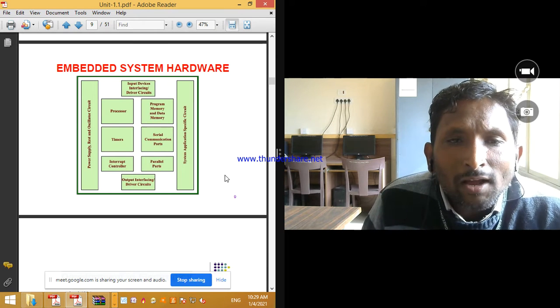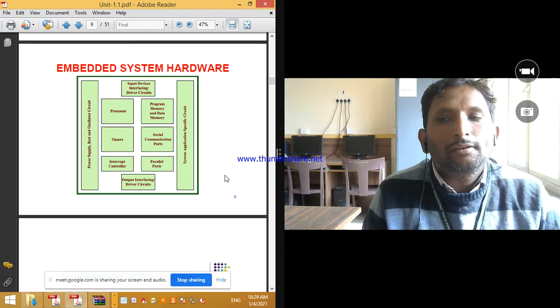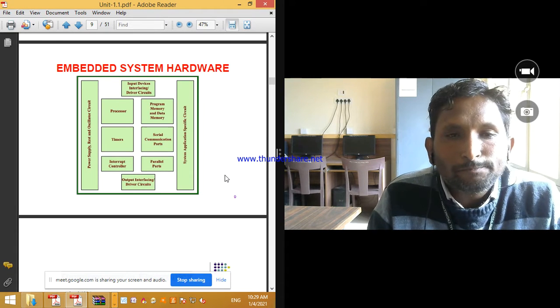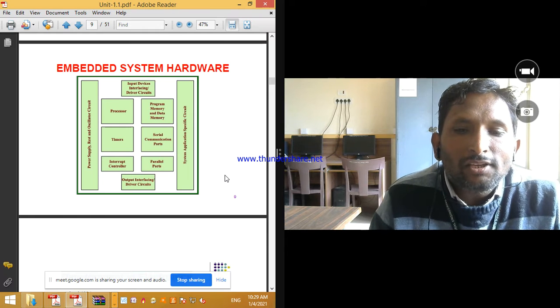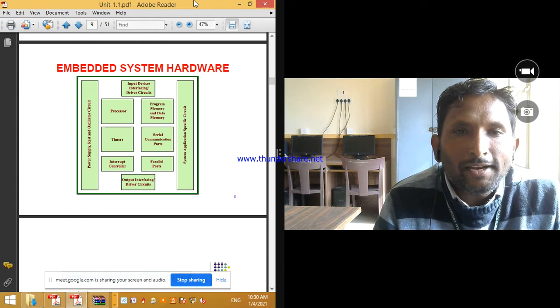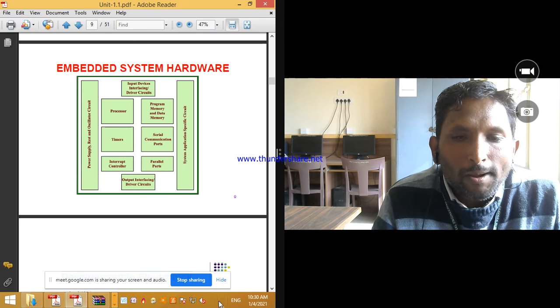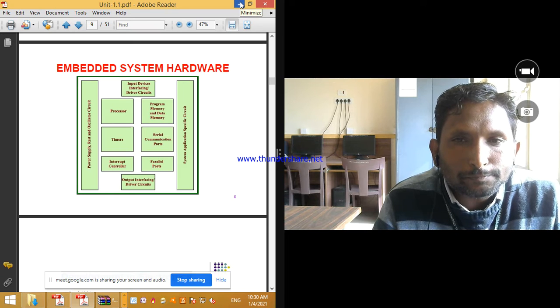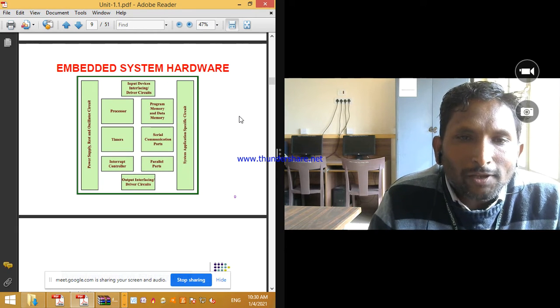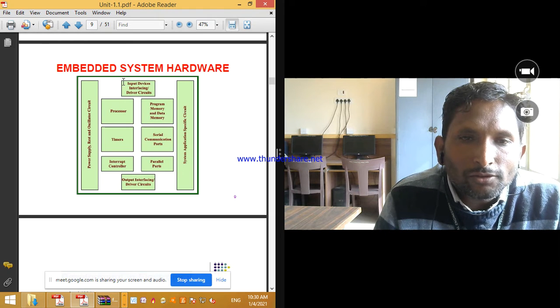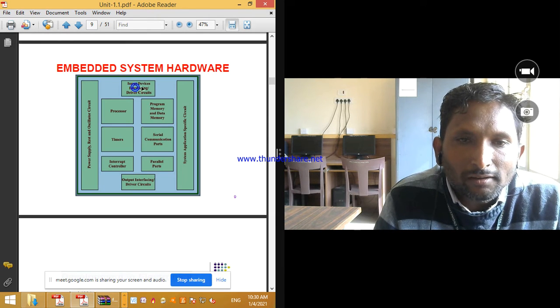This is the embedded system hardware. If you are able to see over here, a block diagram of a system hardware, you can see this system is showing whatever we have seen up till now, that is input and output devices over here.